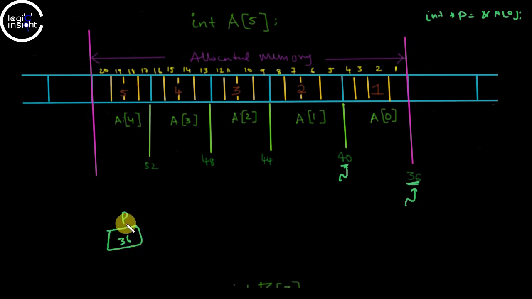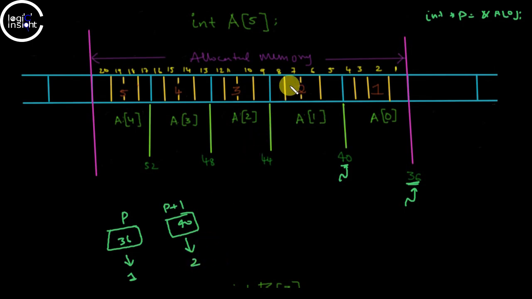Now p contains 36. If I dereference this value, I'll get the element as 1. Now what happens if I increment this pointer? It should point to 40, right? Then I'll get the element as 2.